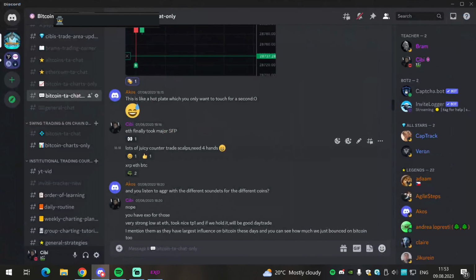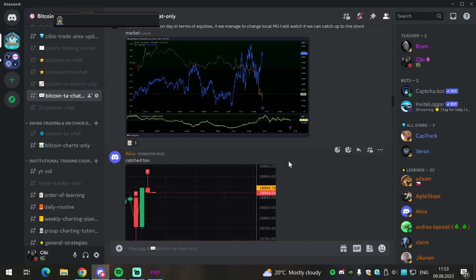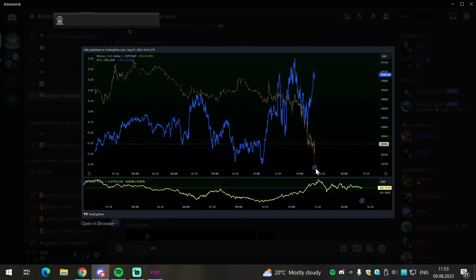And what was the reason it didn't happen? Let me show you. One more thing I want to mention: Bitcoin was going down while the stock market was trending up. Look at the dollar index also weakening. You see the correlation is telling you this is a strong risk-on day. Bitcoin was one of the few assets in the world which went on its own risk-off journey to the downside.